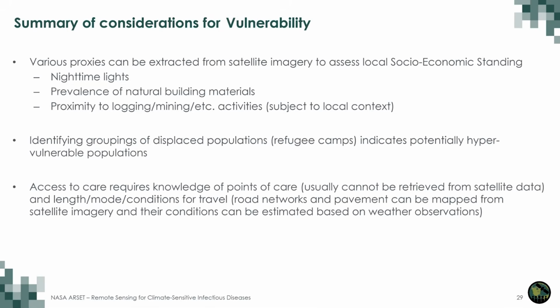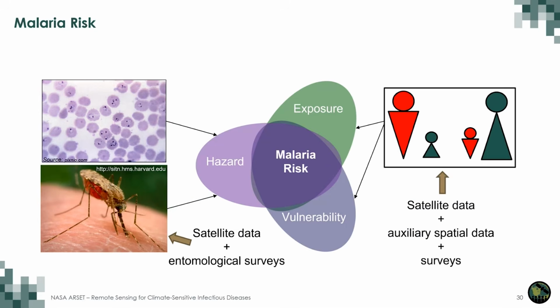And finally, access to care requires knowledge of points of care. That cannot be done from satellite data. But the length, mode, and conditions for travel, so road networks, paved versus unpaved, can be mapped from satellite imagery, and their conditions can be estimated based on weather observations.